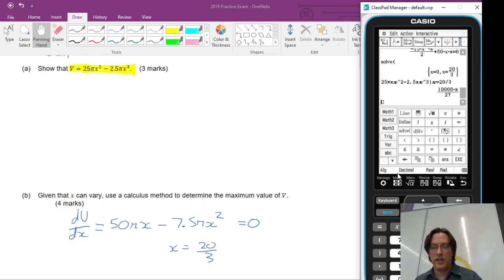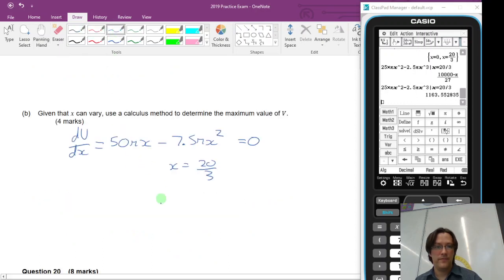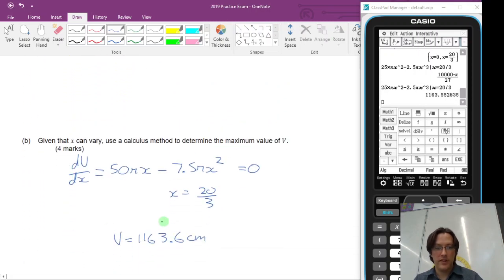And now we do want our decimal: 1163. And was it centimeters? Yep, centimeters cubed.